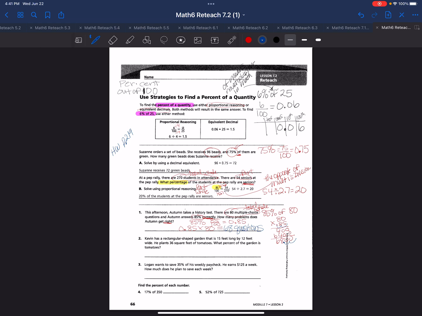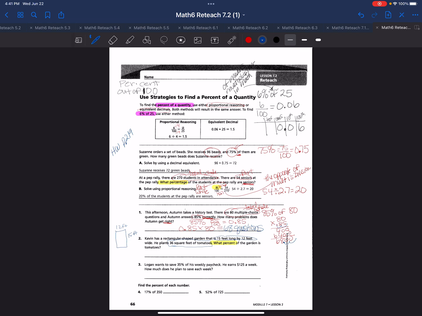Question 2. Kevin has a rectangle-shaped garden that is 15 feet by 12 feet. He plants 36 square feet of tomatoes. What's the percent of the garden that is tomatoes?